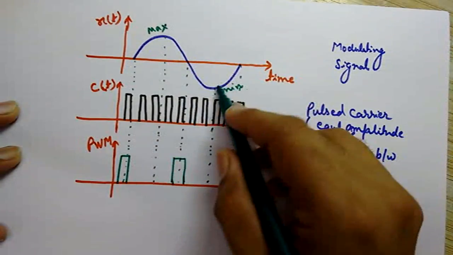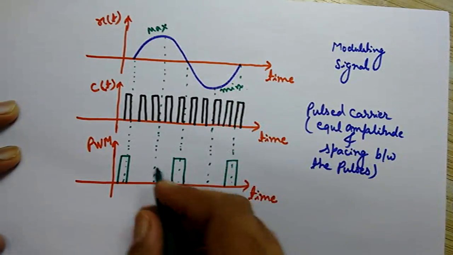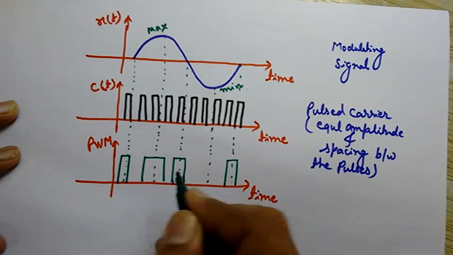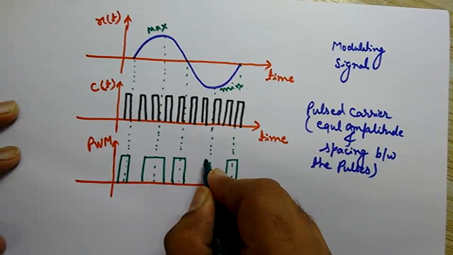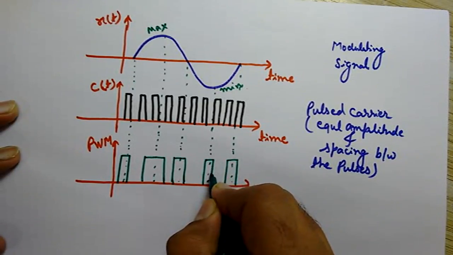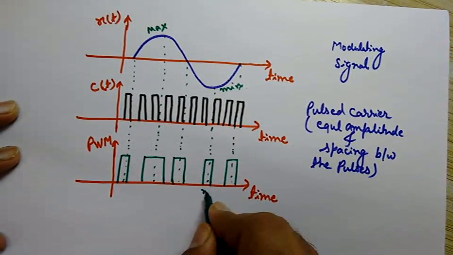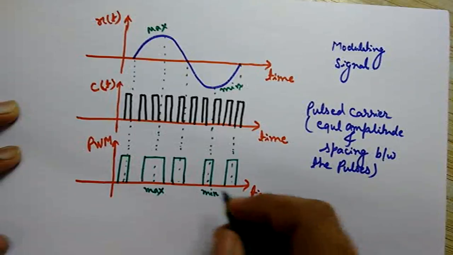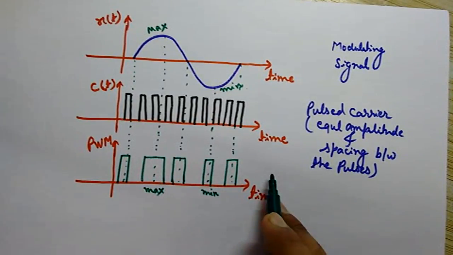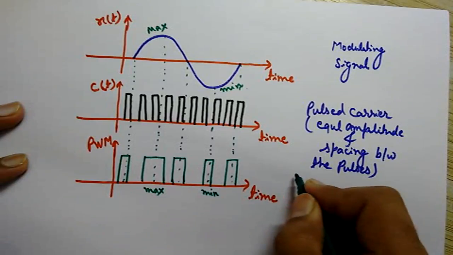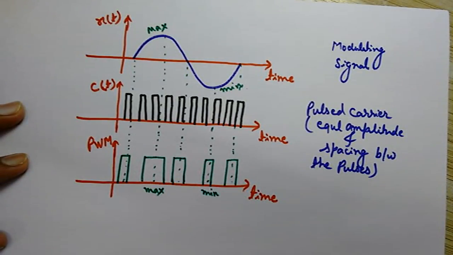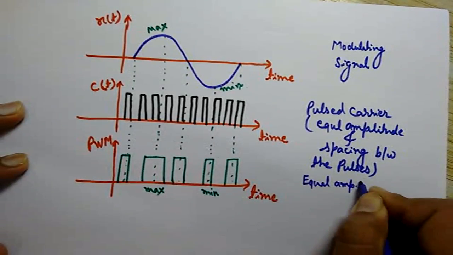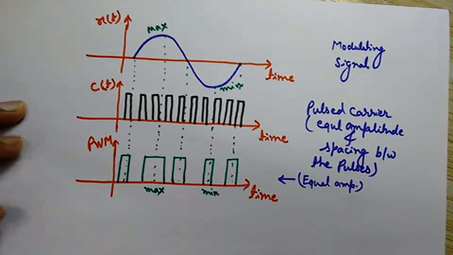Now here it has maximum and here it has minimum width. Okay, this is the minimum width. Here it has maximum width, as it has maximum amplitude. But all of these pulses have equal amplitudes.